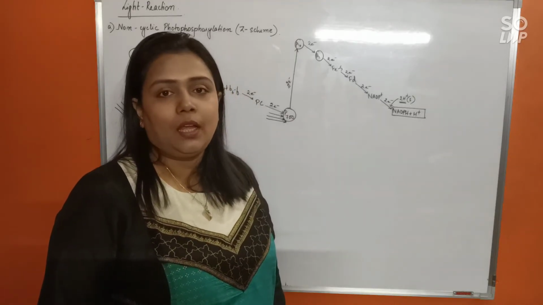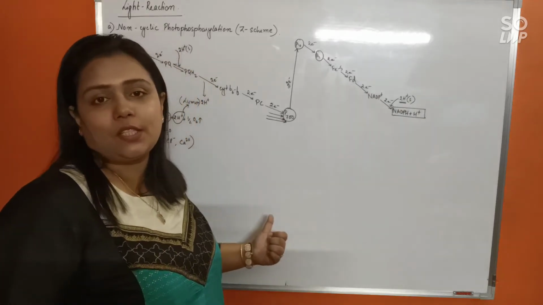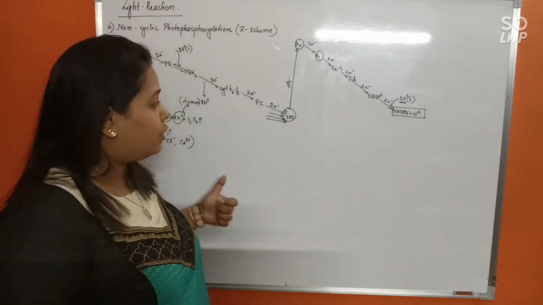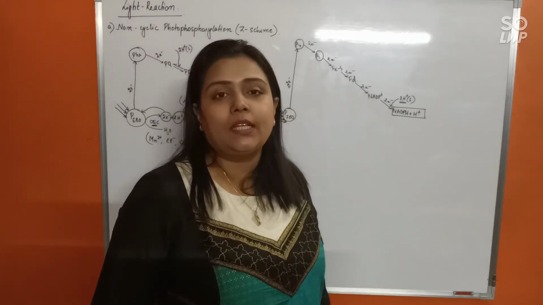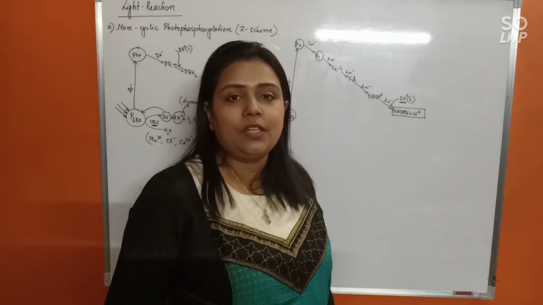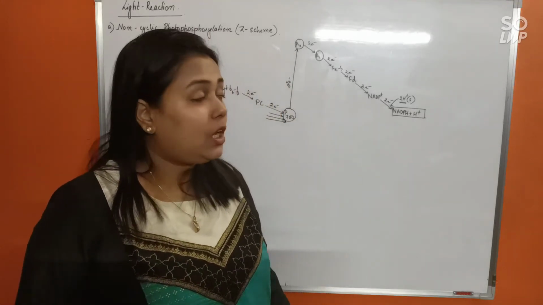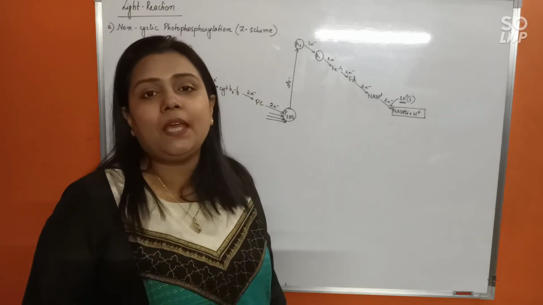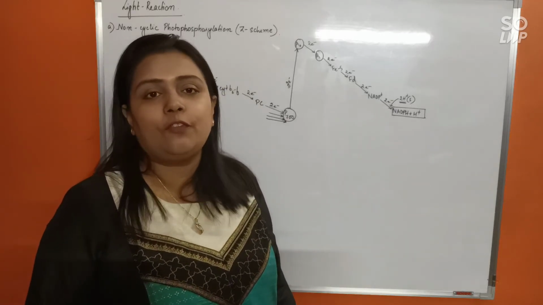But then how is ATP going to be formed, by the Z scheme or by the light reaction? This being the mechanism of light reaction, I haven't mentioned yet how ATP will be formed, isn't it? ATP plus NADPH are both products of the light reaction. You are directly seeing how NADPH is formed at the end of the process, but there is no mention yet of ATP.